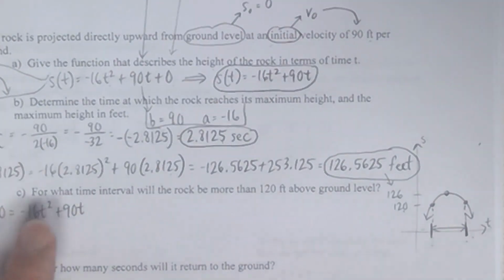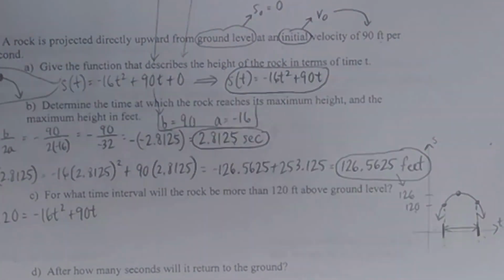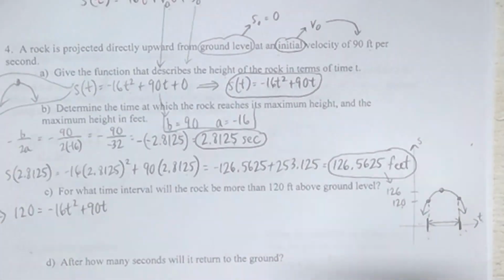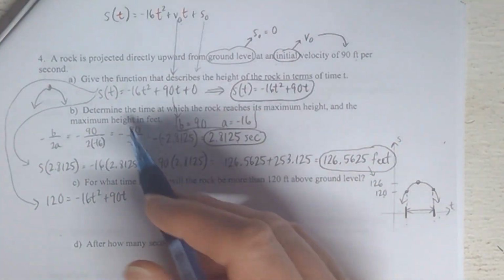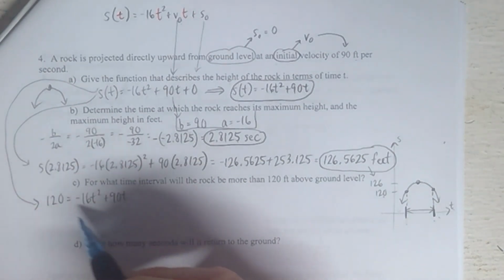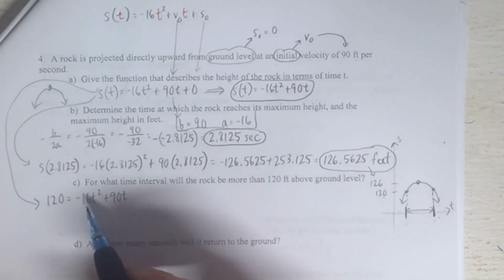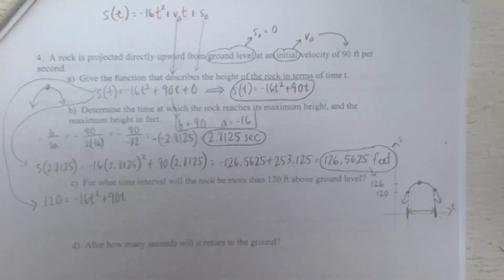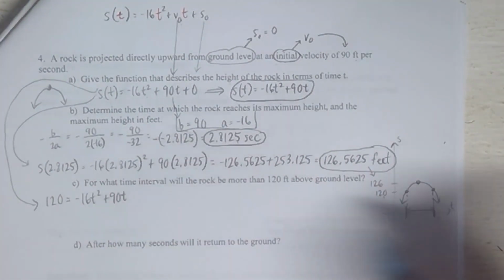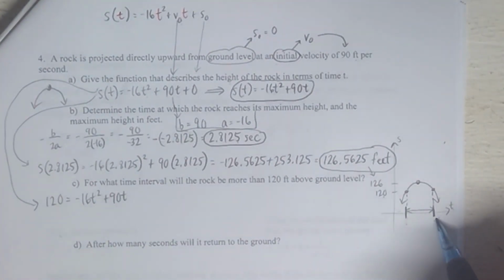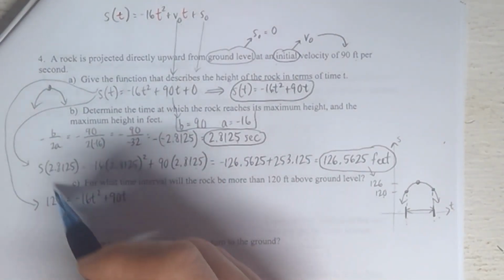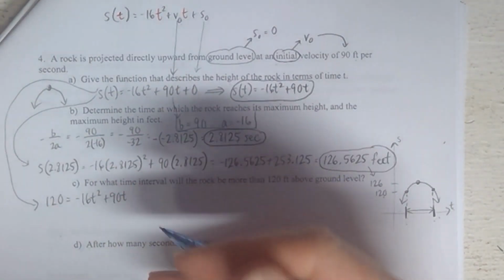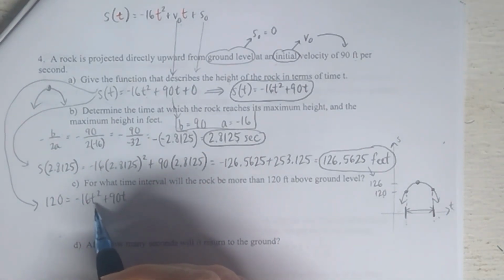Okay, if I can solve this equation now, you guys, it will then tell me, again, you can see that I took the s of t up here, brought it down, plugged in the 120. If I solve this equation, it'll tell me what these two t values are equal to. Okay, so once I plug 120 into the s of t up here, I need to solve this equation here.